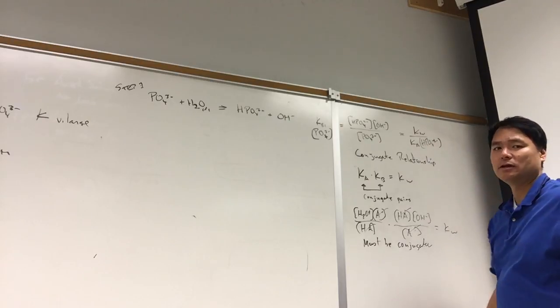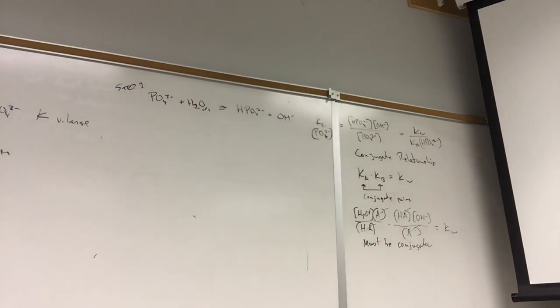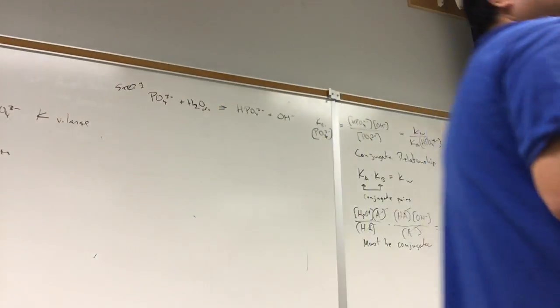So we have to use the Ka value for monohydrogen phosphate. What is the Ka value for monohydrogen phosphate? And you know, the table up there is different than our book. We probably should use our book's value. Does somebody have the book handy?